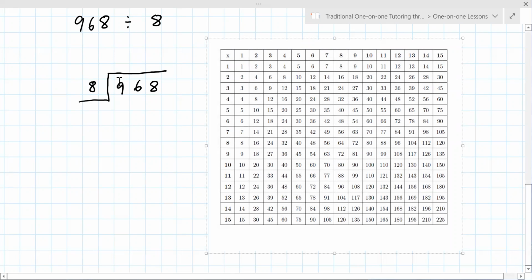Because 8 is smaller than 9, we know that it goes in at least one time. Or because 9 is bigger than 8, whichever way you want to look at it is both correct. Okay. So you take that 1, you multiply it by the 8, and you put the result below.